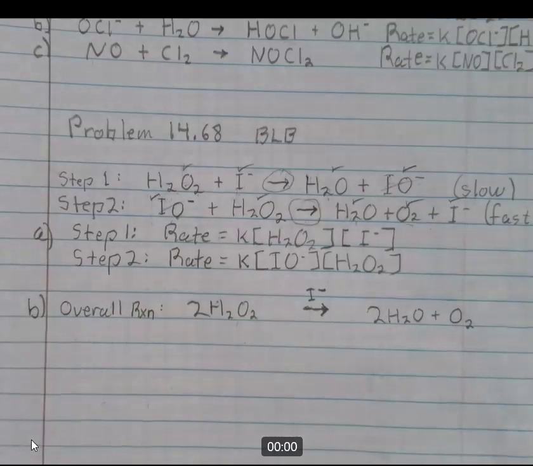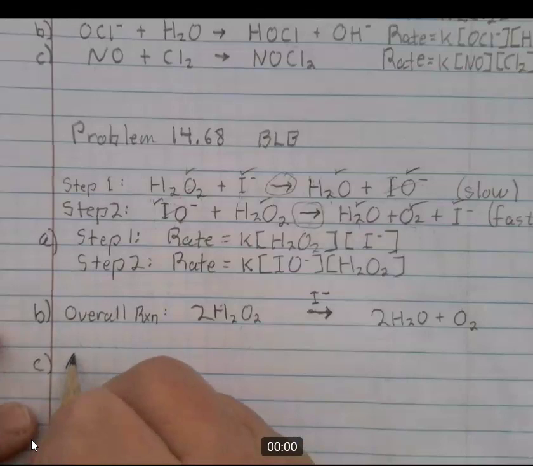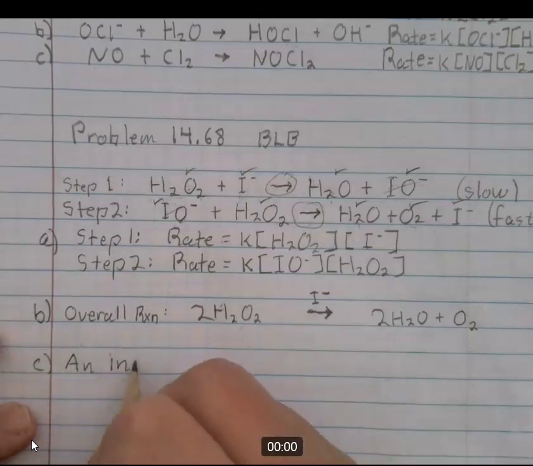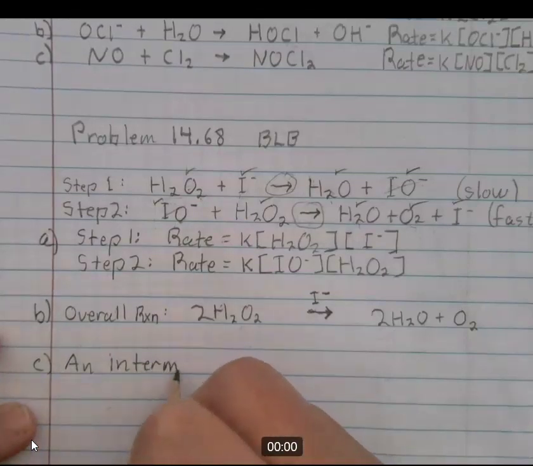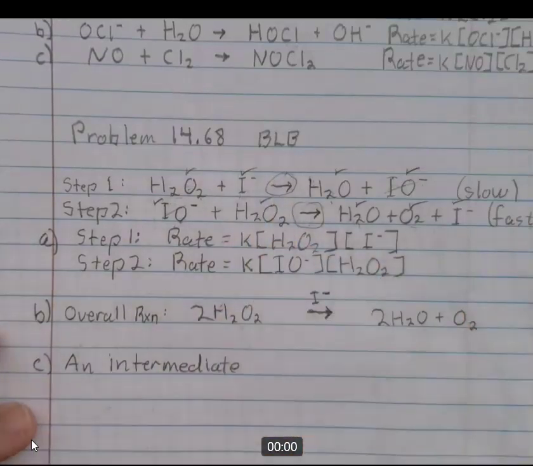Okay, it says identify the intermediate. So what's the definition of an intermediate? I'll write the definition in terms of this reaction, which has just 2 steps. Sometimes you can have a 3-step, even a 4-step reaction.